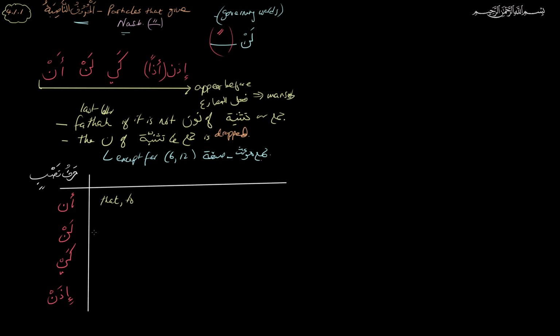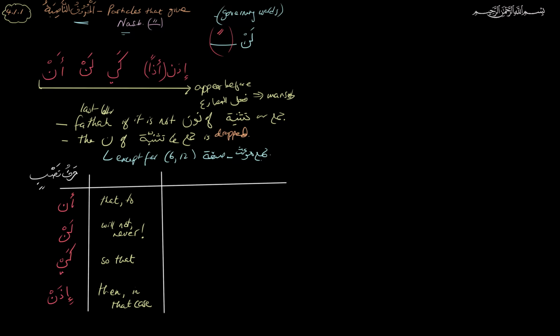Lan means will not, never, with emphasis. K means so that. Izan means then, in that case. They can have some other meanings at times, and we'll talk about that, but these are their basic meanings.